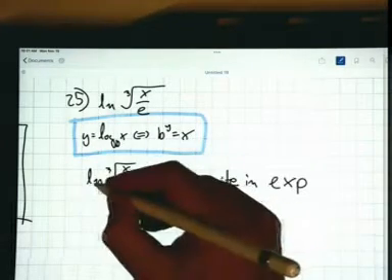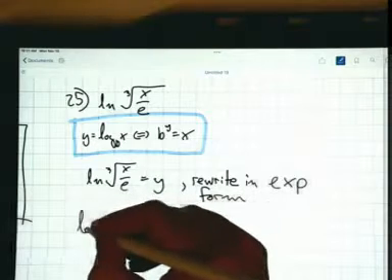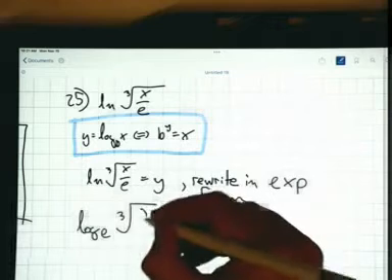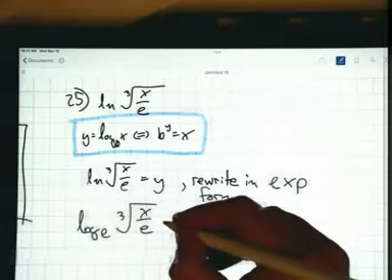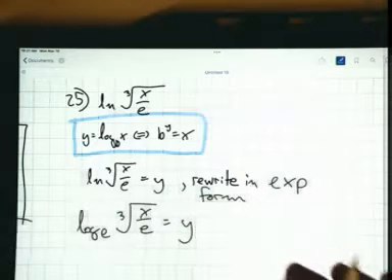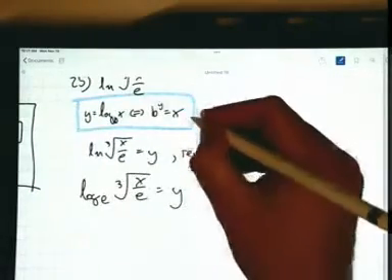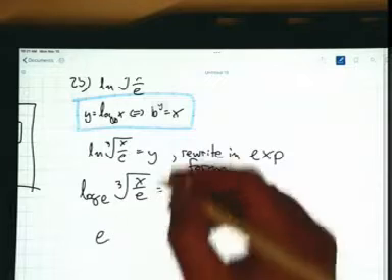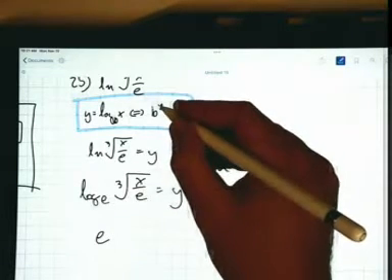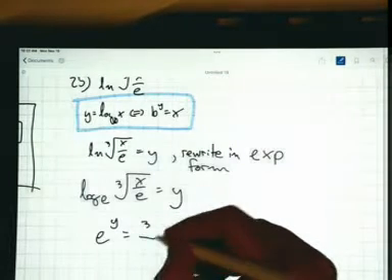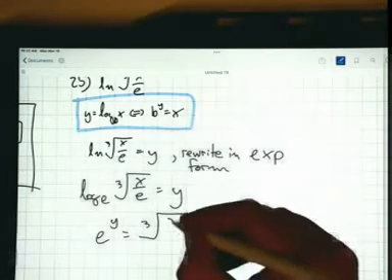So I'm going to start off by rewriting that natural log as the log base e, because that's what the natural log is. And then, using this format up here, my base is e, my exponent is y is equal to the third root of x over e.